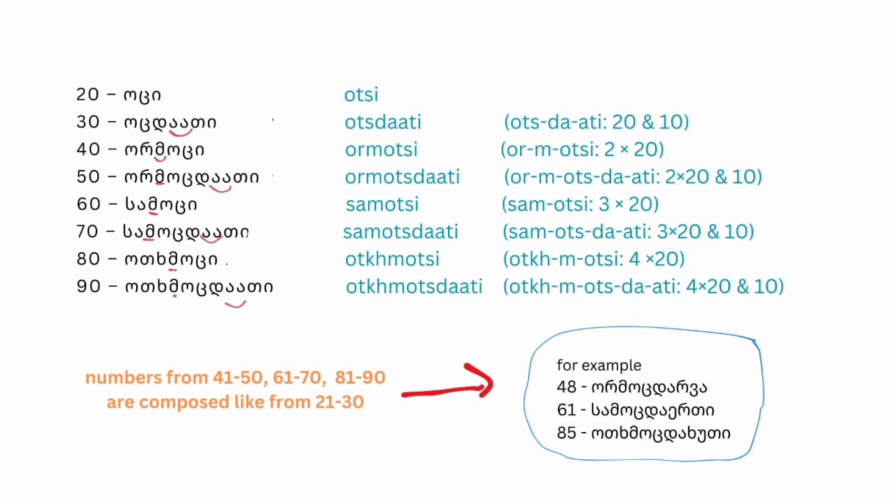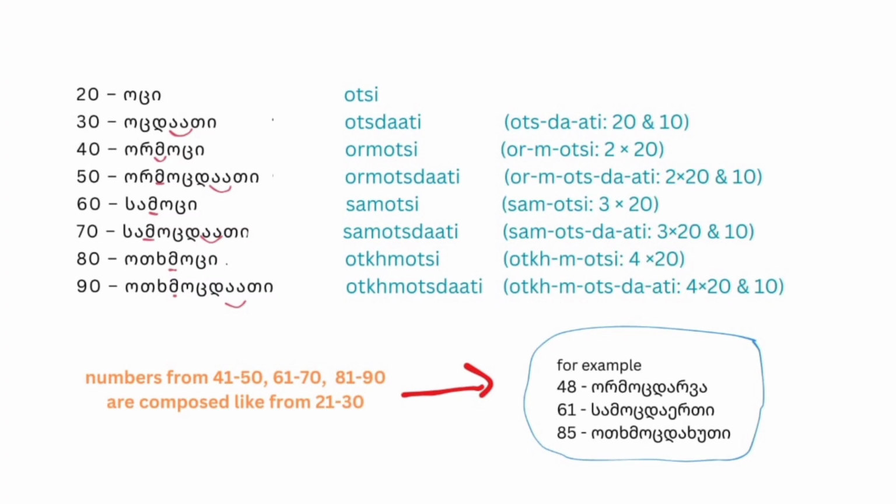For example, 30, ozdati, 50, ormozdati, 70, samozdati, 90, otrmozdati.